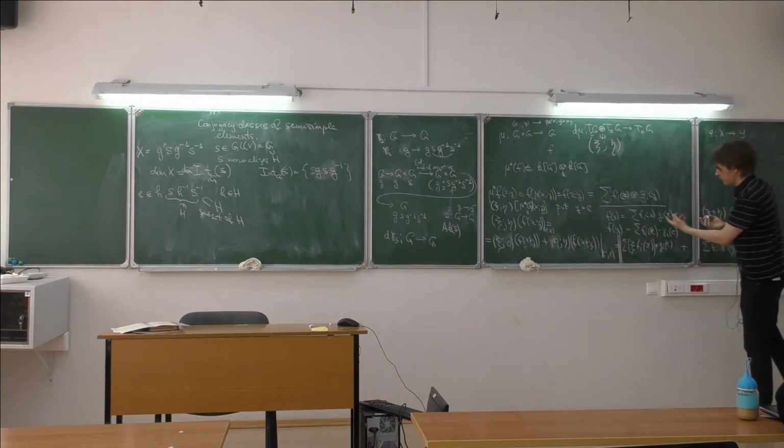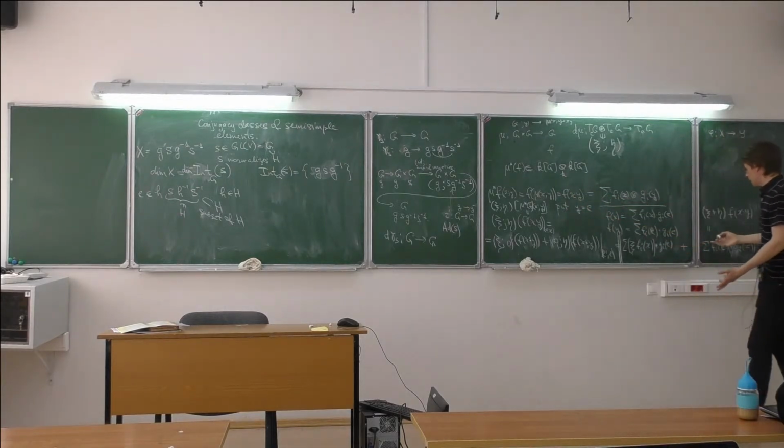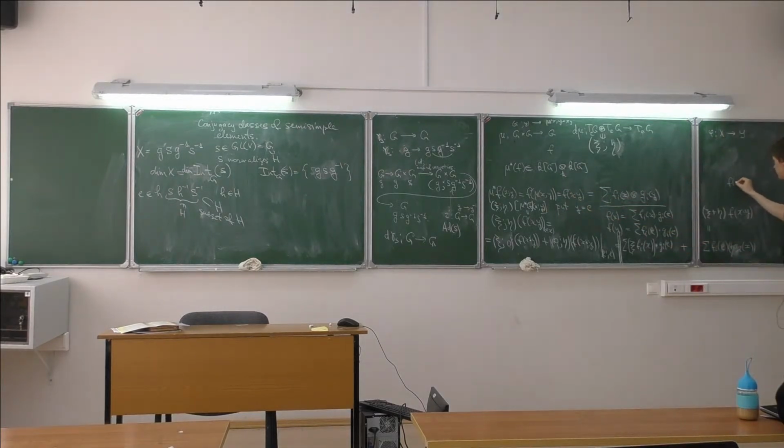And for this, I'm using precisely this formula: f of xy is just the product of f_i of x times g_i of y.